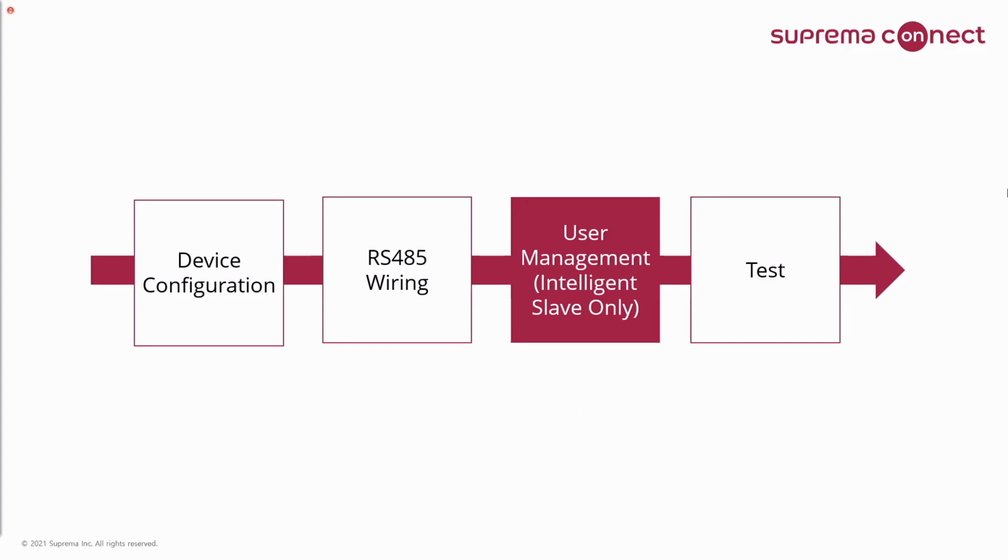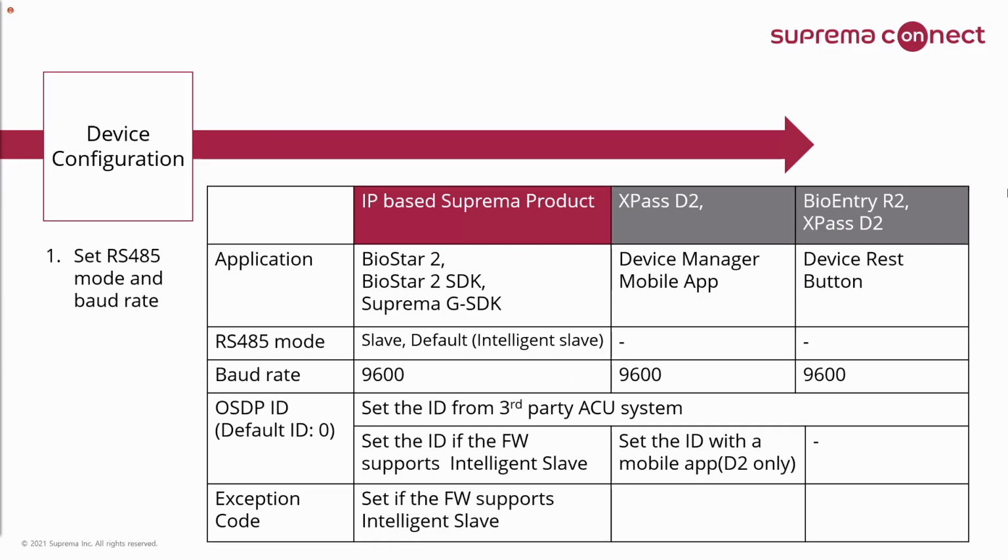And if you want to use the Suprema BioStar 2 product as an intelligent slave, you can perform user registration in BioStar 2 software. To use the Suprema BioStar 2 device with the access control panel, you need to set the RS485 mode and baud rate.